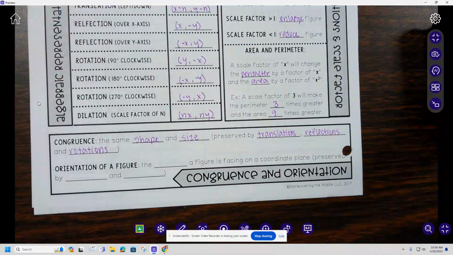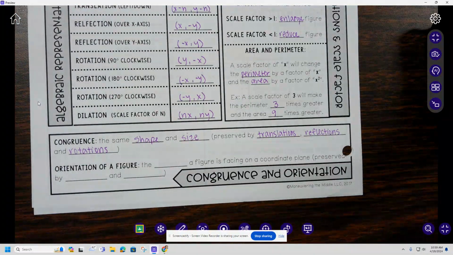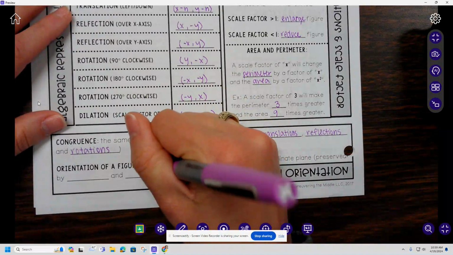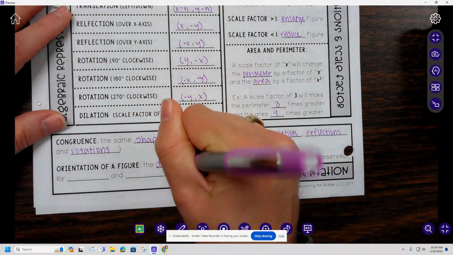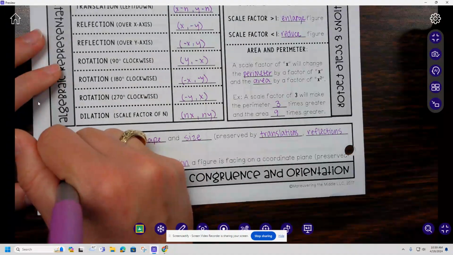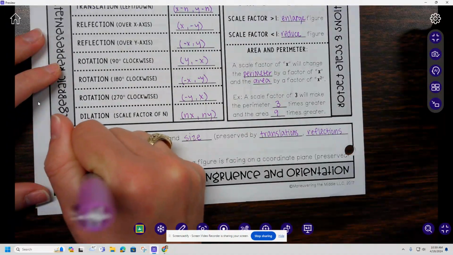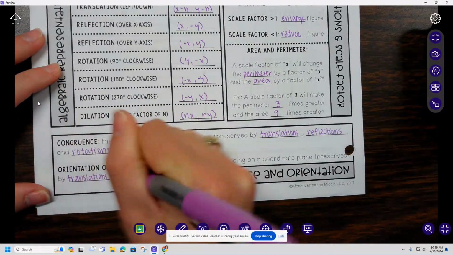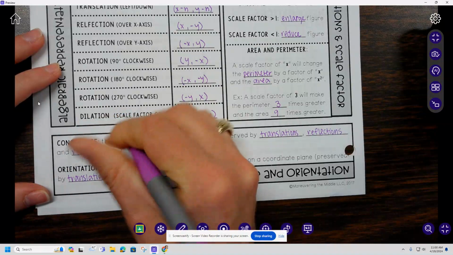So congruence is the same shape and size, and when you have a translation, reflection, or rotation, that congruence is preserved or maintained. The orientation of a figure is the direction a figure is facing on a coordinate plane, and it's preserved by translations and dilations.